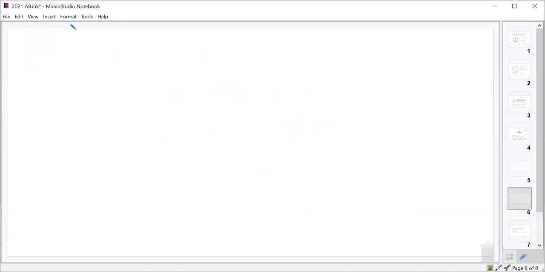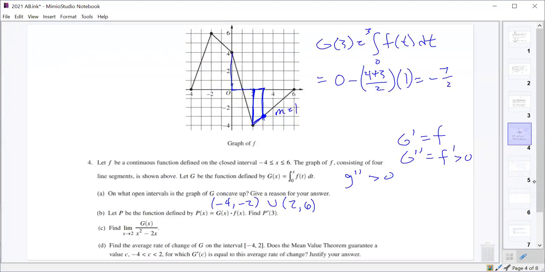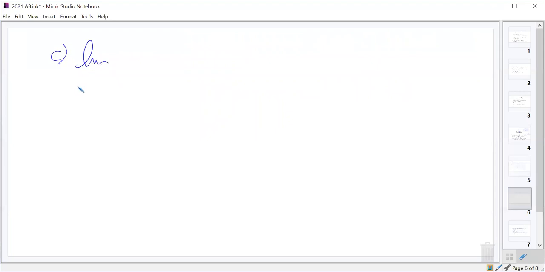Part C. Find the limit as x approaches 2 of g of x over x squared minus 2x.